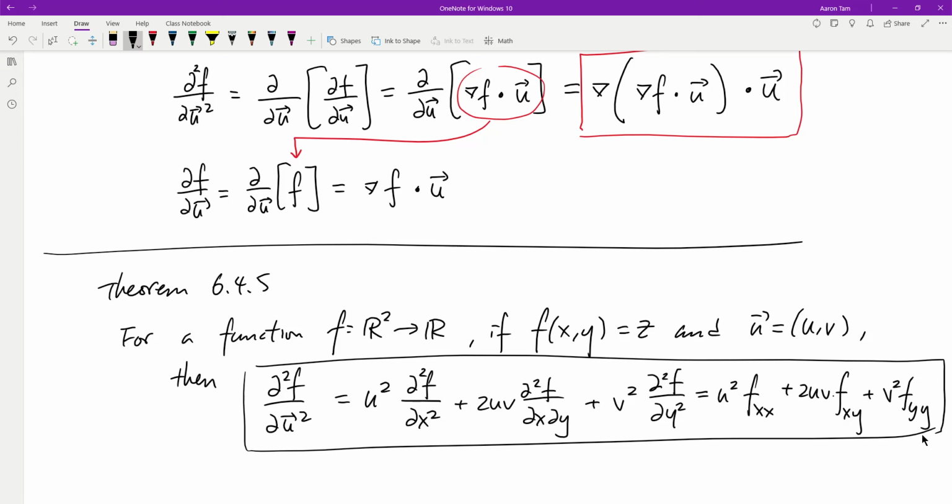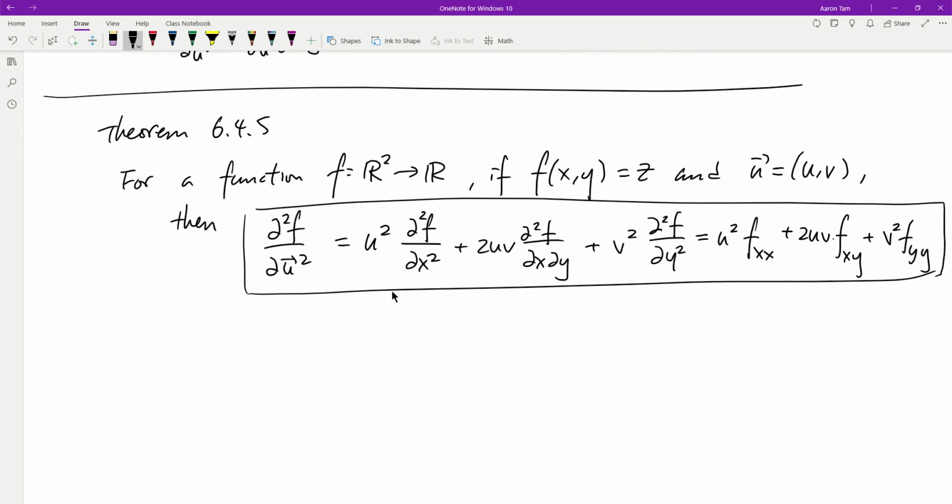And of course, because of this theorem, we will mainly focus on functions that map from R2 to R. Now, let me show you why this is true. Okay, the proof is actually pretty straightforward. Imagine that you have a function f that maps from xy into z.